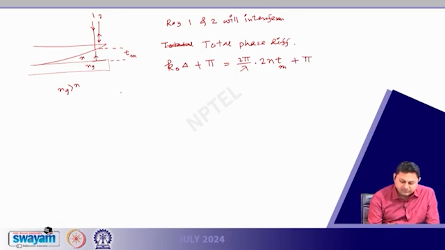Now, for maxima, if this interference generates a maxima, that is a circle with maximum intensity, for maxima what we have?